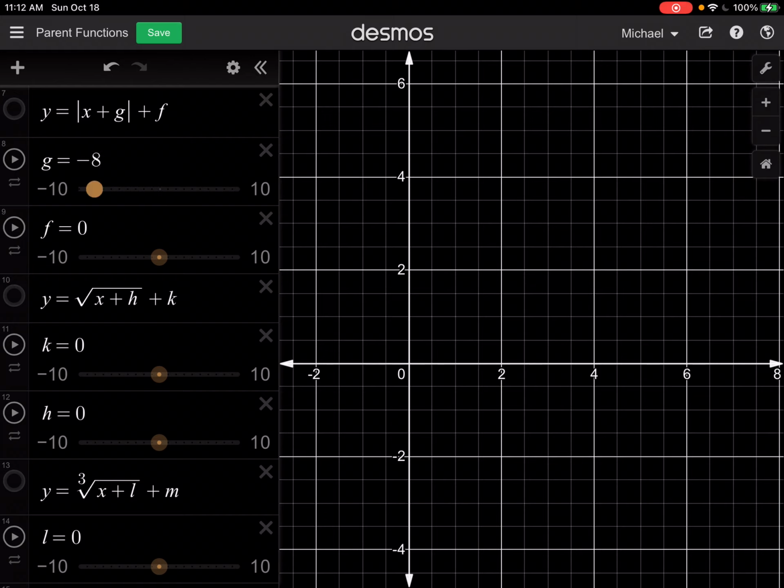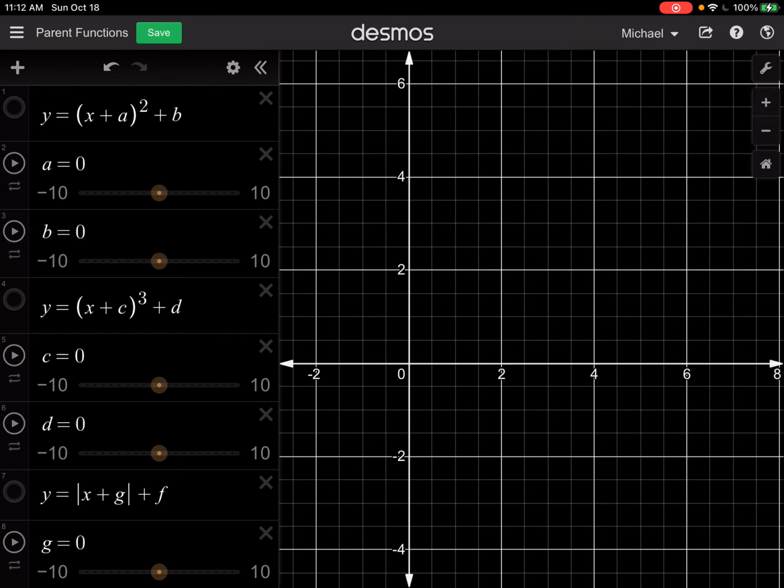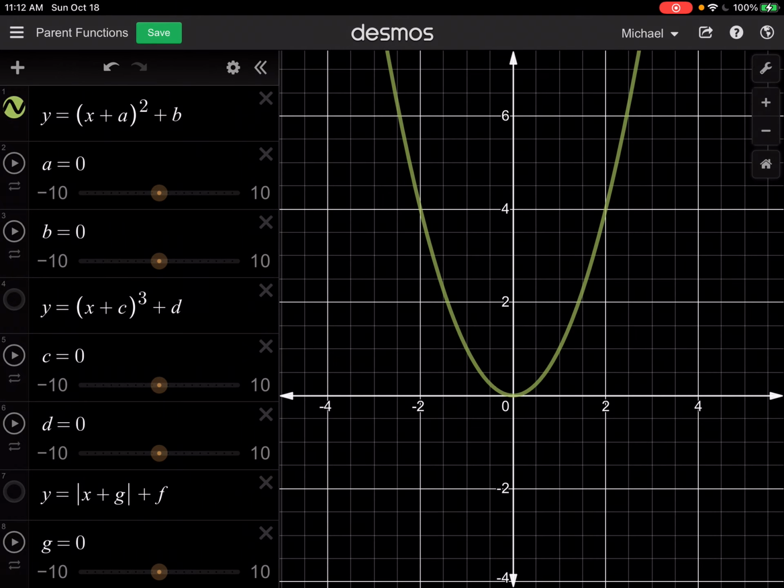But you should really start thinking to yourself, well, what happens if I did that on a different function that wasn't the square root? Like, what if I did it on a quadratic? So here's your base quadratic. What we just saw before is that if it's on the inside, and I can see that a is on the inside of the parentheses with x there, that piece moved it left or right.